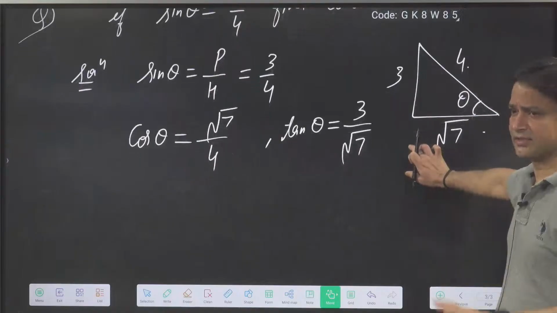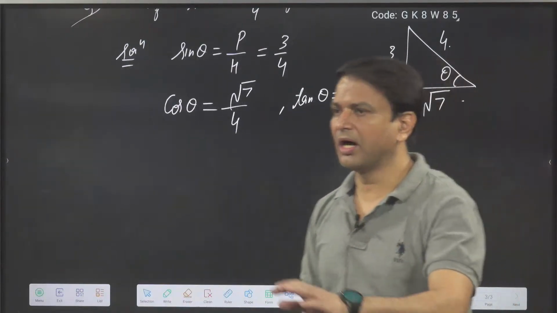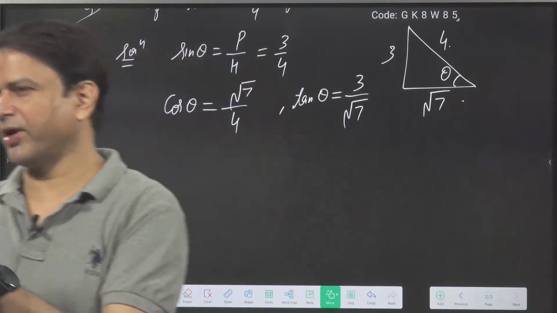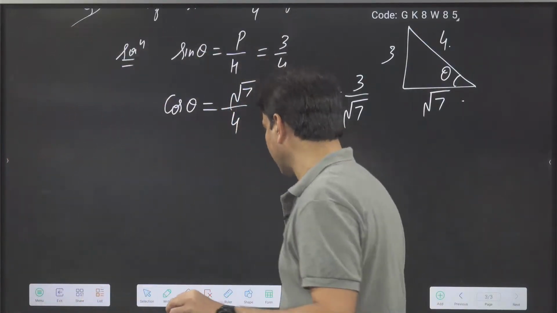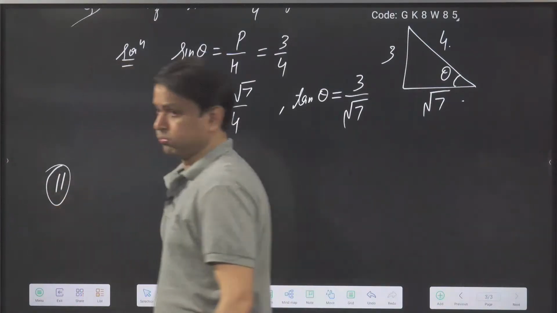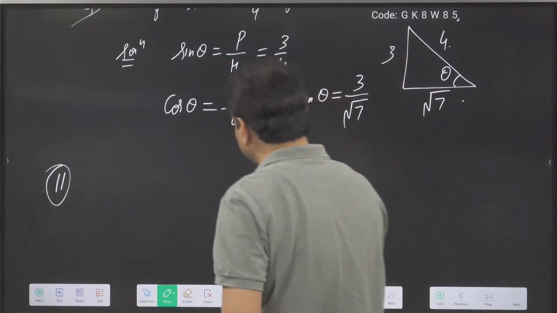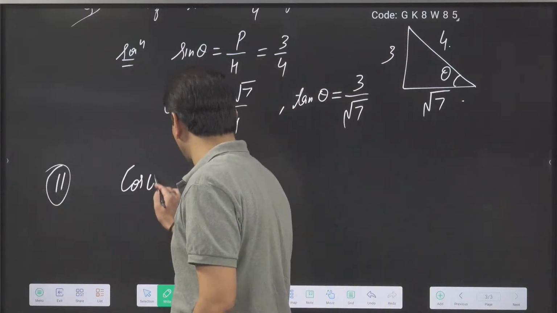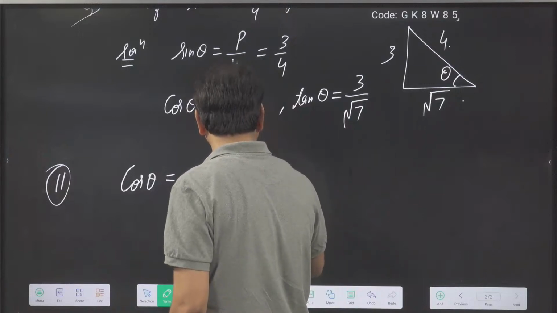This is one way, okay? But I prefer, why unnecessarily make the triangle and then find accordingly? Suppose you know the sine theta and you need the cos theta. Then we can directly use the formula: cos theta is equal to under root of 1 minus sine square theta.